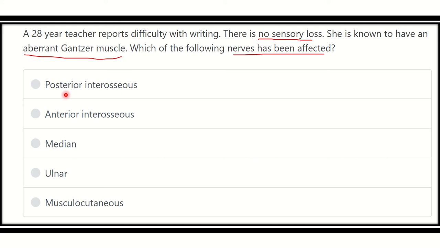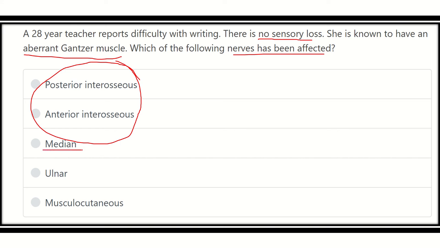Here the options are anterior interosseous, posterior interosseous nerve, median nerve, ulnar nerve, and musculocutaneous nerve. The key point here is the no sensory loss. If this phrase is present, then the answer will be confined to the anterior and posterior interosseous nerve, because they have no sensory branch.